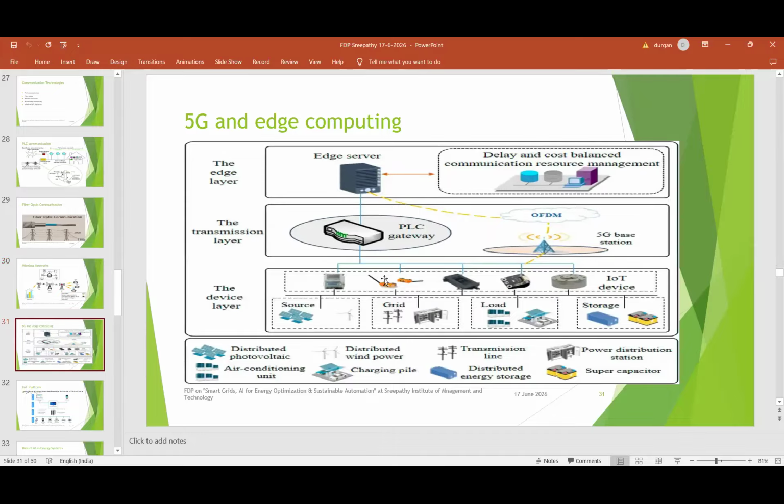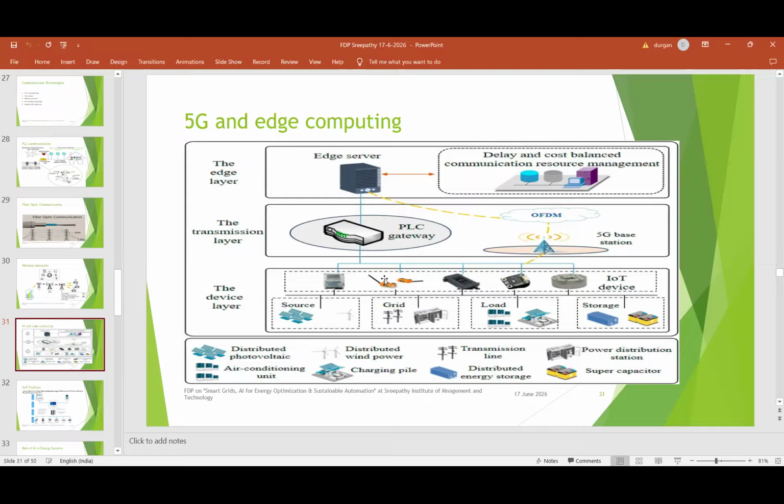Then 5G and edge computing. 5G communication technology gives ultra high speed communication, and it is used to connect devices simultaneously. In traditional systems, the data is sent to a central server for processing.